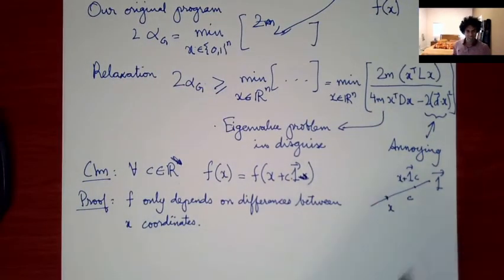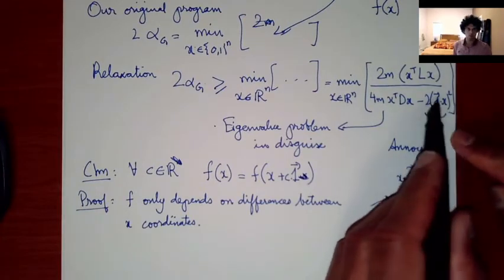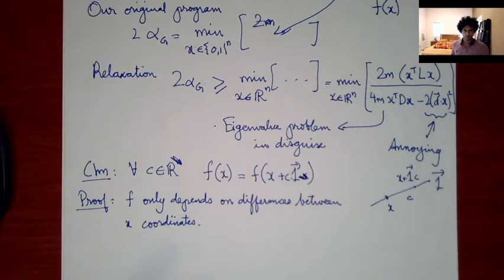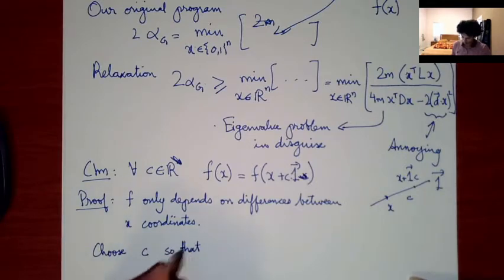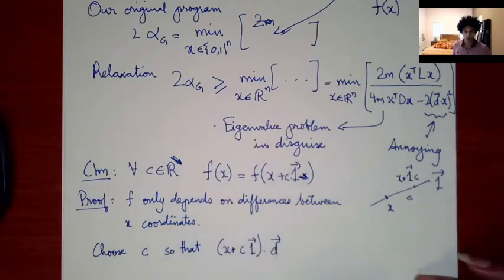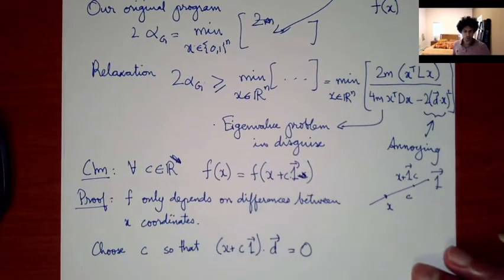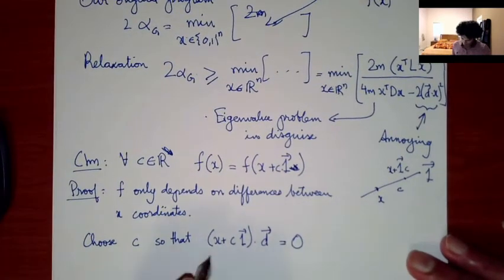The reason for this is I can now choose my x in such a way that this quantity becomes 0. So what I will do is choose c so that x plus c1 dot product with d, the degree vector, is 0. And indeed the choice is quite obvious, right? Basically it's x dot d plus c times 2m is 0.